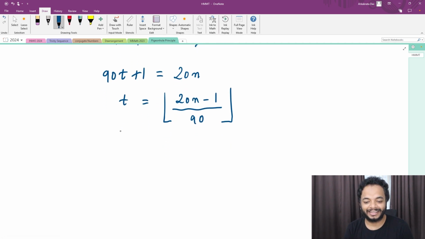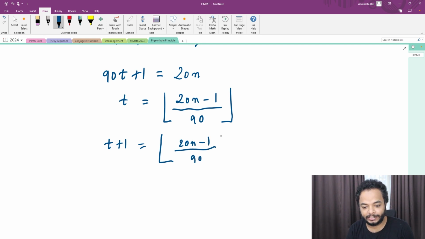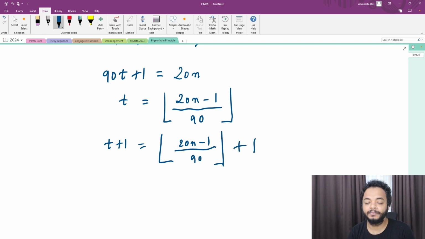Since my second form says that at least one box will receive more, with 90 boxes and 90 times t plus 1 pigeons being distributed, at least one box will have t plus 1 pigeons. So t plus 1 is floor of (20n minus 1) divided by 90, plus 1.